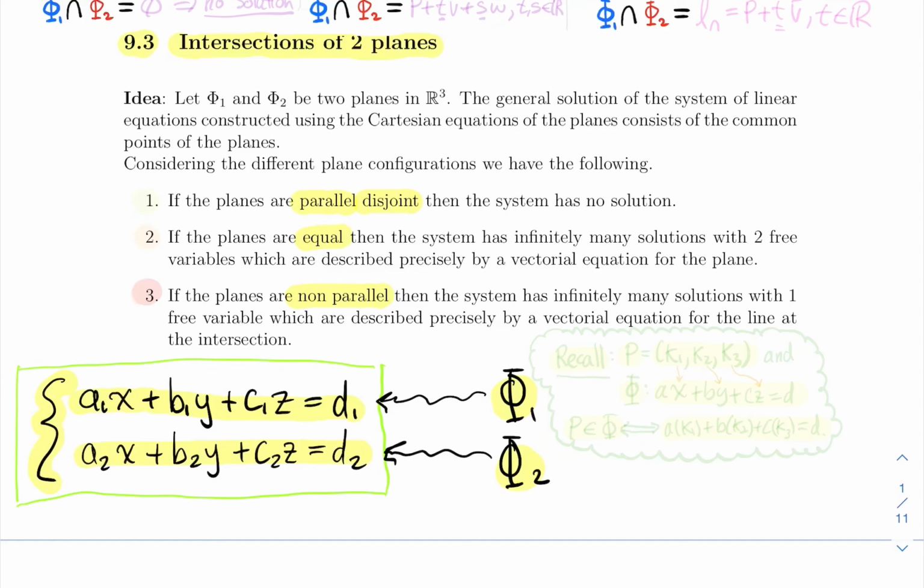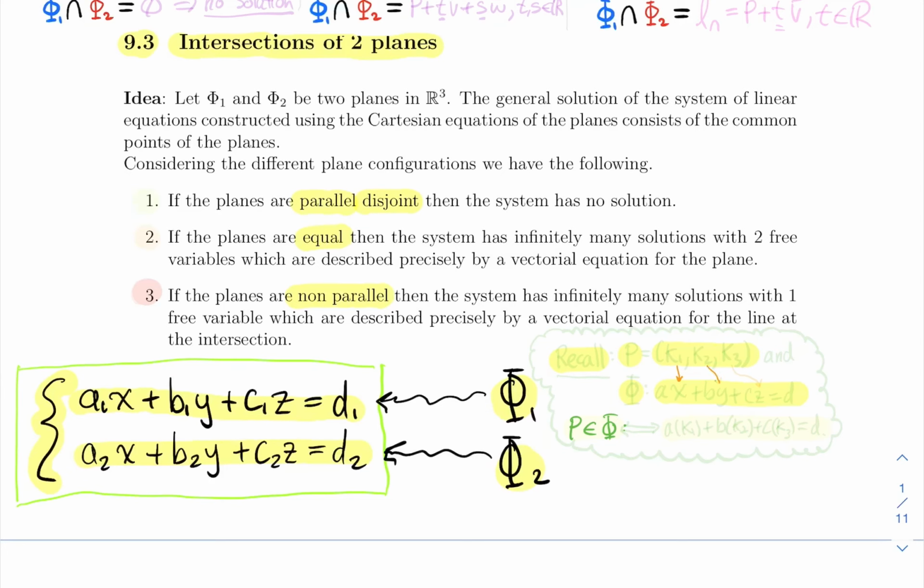All right, let's start with a small recall. If you start with a point P where the coordinates are k1, k2, and k3, in a plane phi where the Cartesian equation is ax plus by plus cz is equal to d, then if you want to check if P is inside phi, you need to take the x coordinate of P, which is k1, and plug it into the Cartesian equation, replacing the x variable by k1.